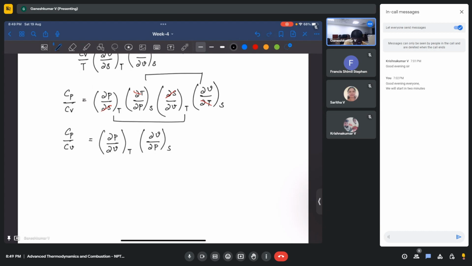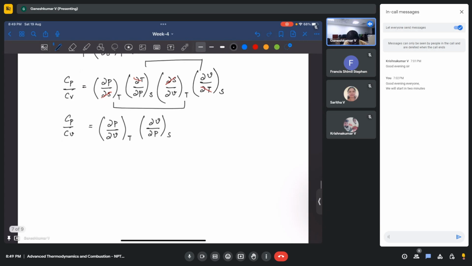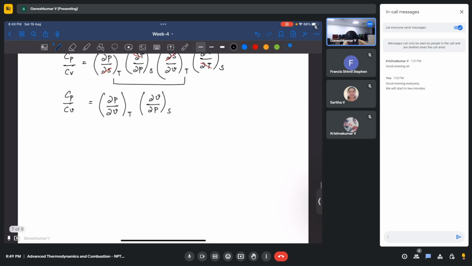Am I right? Temperature. Okay, now once you do this, you need to find dV by dP, and we already know it's an ideal gas, so it's going to be ∂(RT/P) divided by ∂P, right?